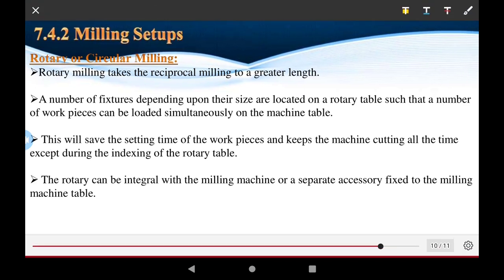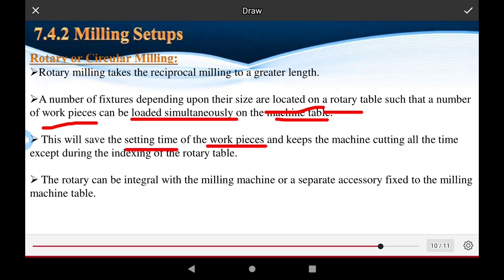Okay, the number used depends upon the size of the workpiece loaded on the rotary tables, such that a number of workpieces can be loaded simultaneously on the machine tables. Okay, this will save the setting time of the workpiece, and keep the machines cutting all the time except during the indexing of the rotary tables.